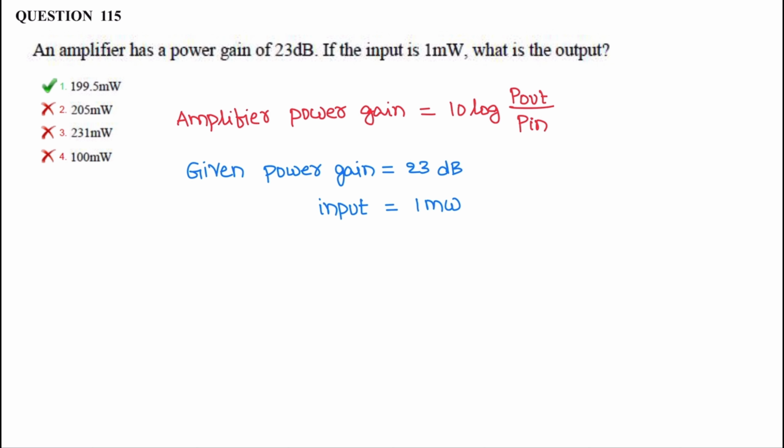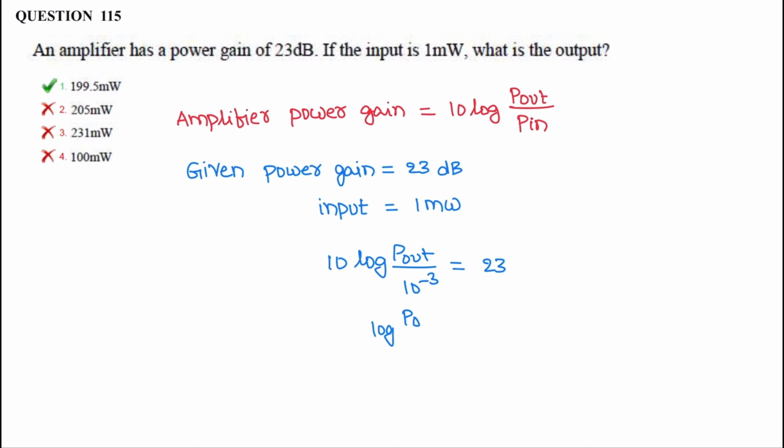Next question. An amplifier has a power gain of 23 dB. If the input is 1 milliwatt, what is the output? Given power gain is 23 dB, input power is 1 milliwatt, we need to calculate the output power. 10 log of P out divided by P in, 10 power minus 3, is equal to 23.